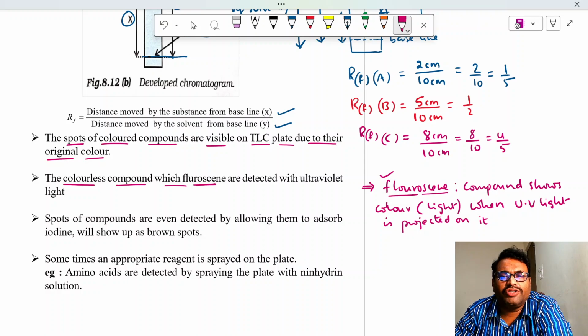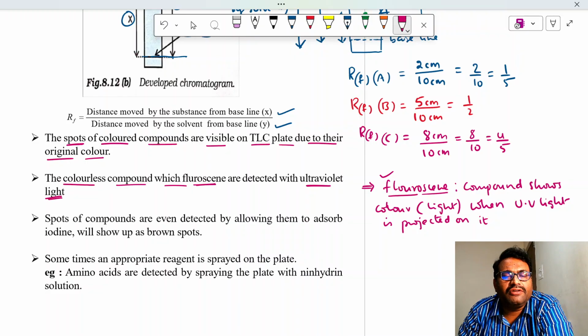So if the compound is colorless, but if you project UV light on it and it produces color, then we can find the compound by making UV light fall on it.